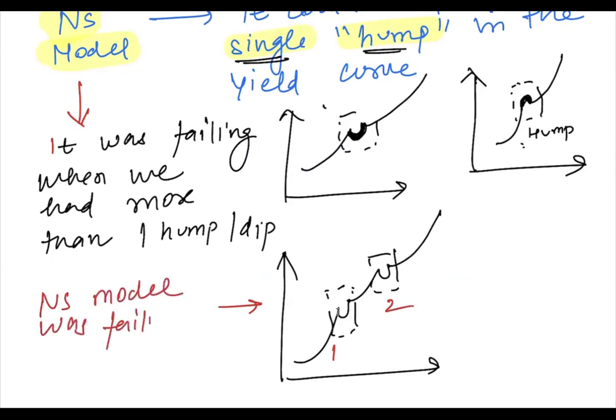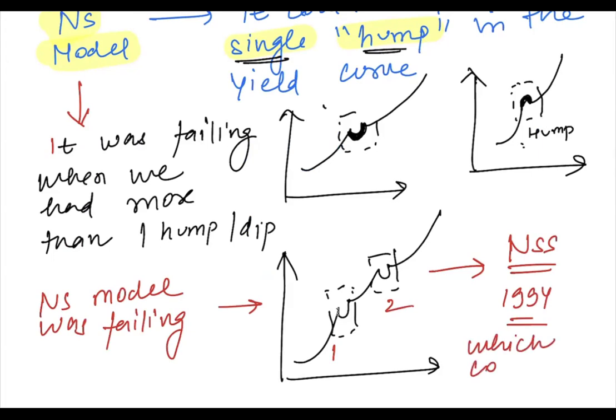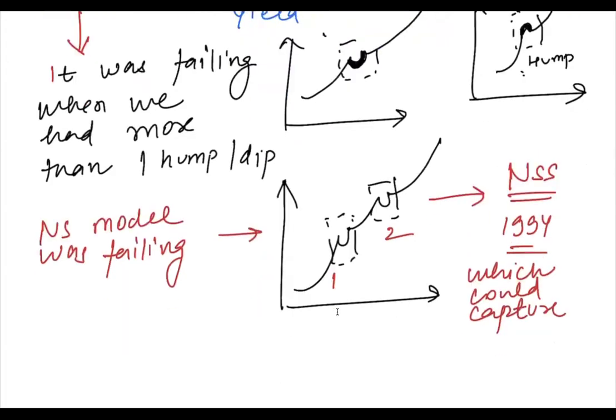Okay. And that's where NSS model came into existence in 1994, which could capture two or more humps. So the Nelson Siegel Svensson model, if there are, let's say, two humps like this, or two dips like this, can effectively capture such shape.